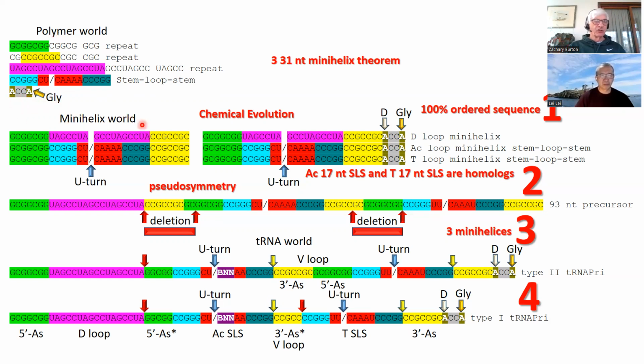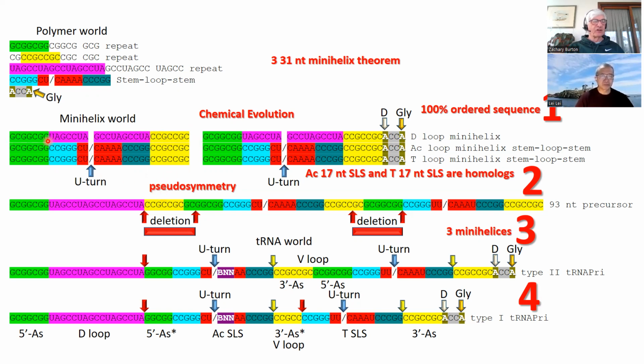And from polymer world, you get mini helix world. So in mini helix world, among other things, there are 31 nucleotide mini helices. Each of these sequences is 31 nucleotides in length. And this is a GCG repeat, a UAGCC repeat, a CGC repeat. This is a complement of that.